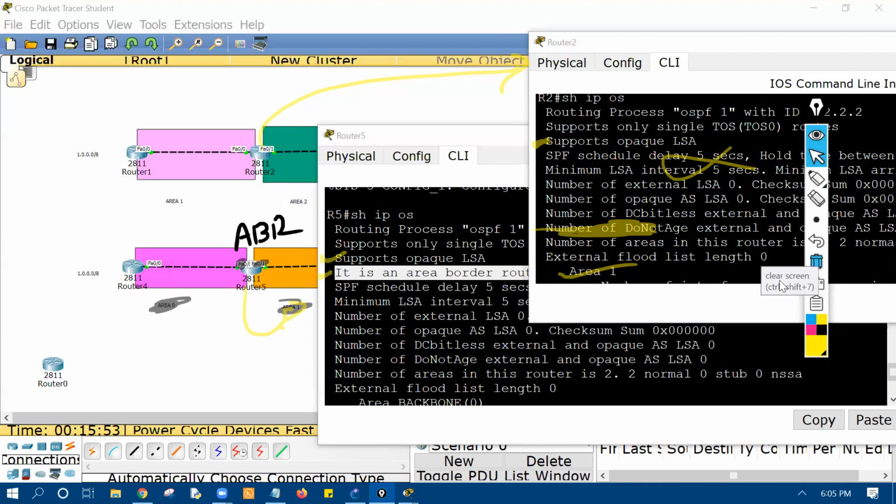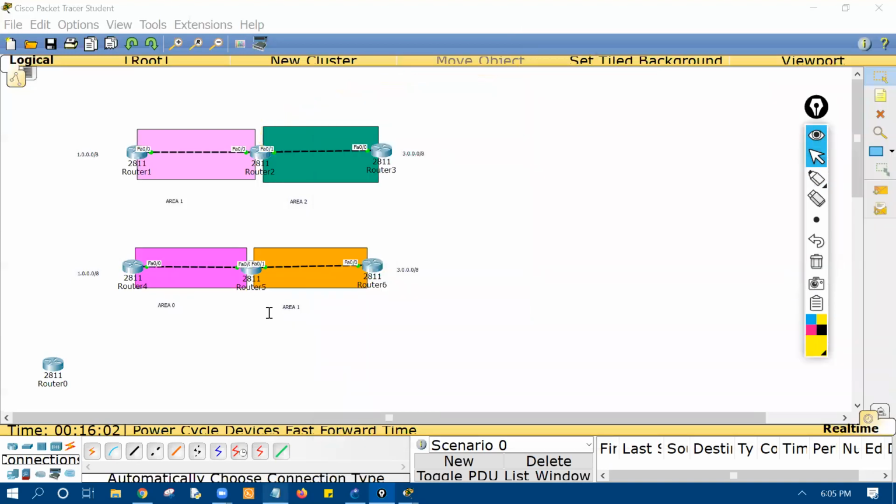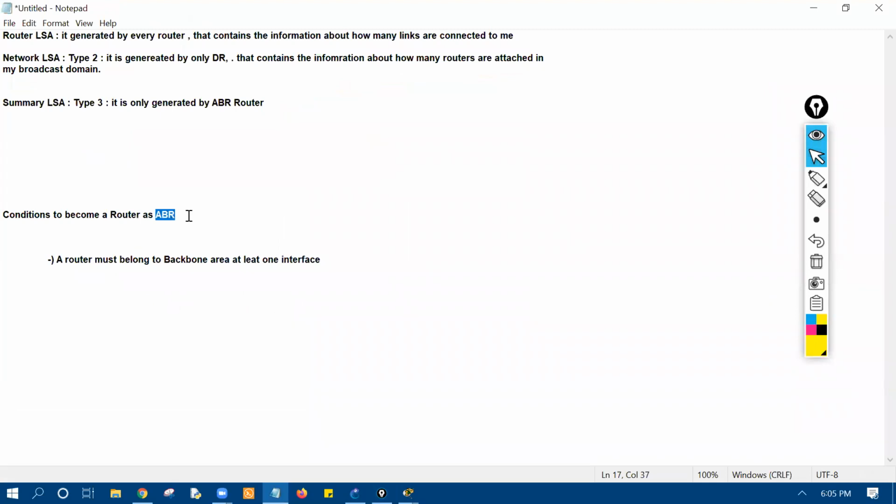So hope you have cleared this concept. What is the meaning of ABR? Right now, my condition was only the ABR. What is the meaning of ABR? ABR means area border router.